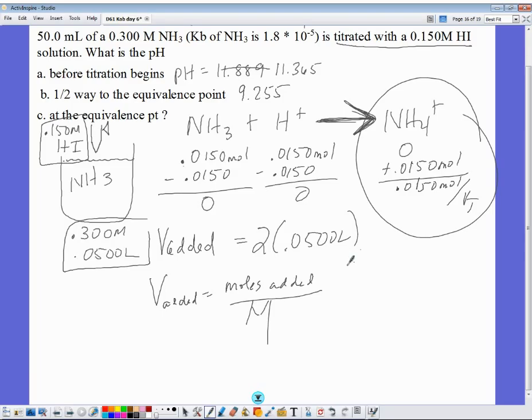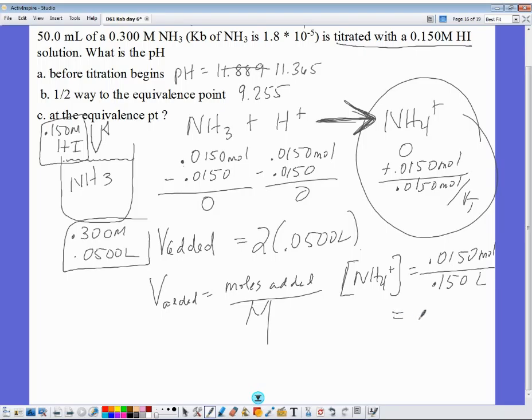So that means that the concentration of my NH4 plus is 0.0150 moles over 0.1 plus 0.05, 0.150 liters. Agreed? Is that total volume? Okay.